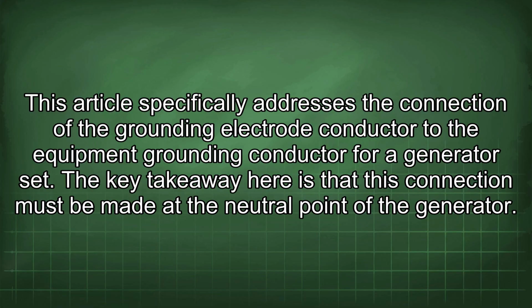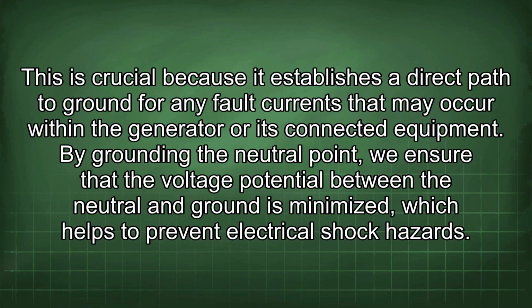The key takeaway here is that this connection must be made at the neutral point of the generator. This is crucial because it establishes a direct path to ground for any fault currents that may occur within the generator or its connected equipment. By grounding the neutral point, we ensure that the voltage potential between the neutral and ground is minimized, which helps to prevent electrical shock hazards.